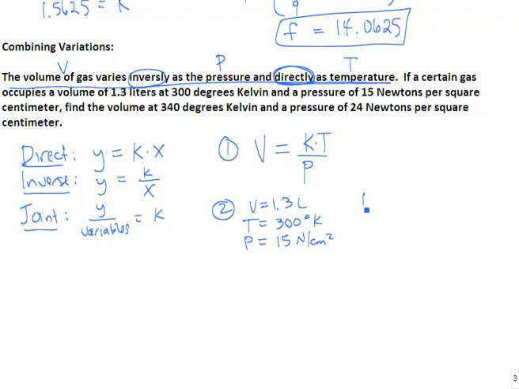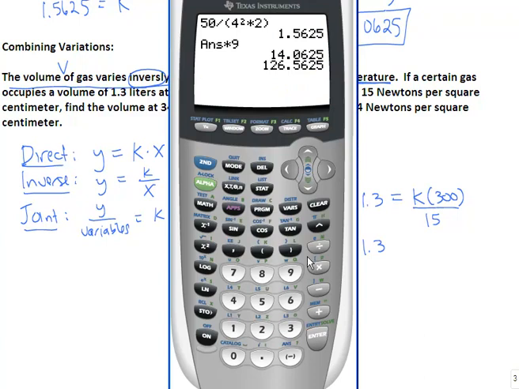So let's go ahead and do that. For V, I'm plugging in 1.3. We're looking for K, so that stays K. Temperature T was 300, and pressure P was 15. So to simplify, let's go ahead and find out what 300 divided by 15 is.